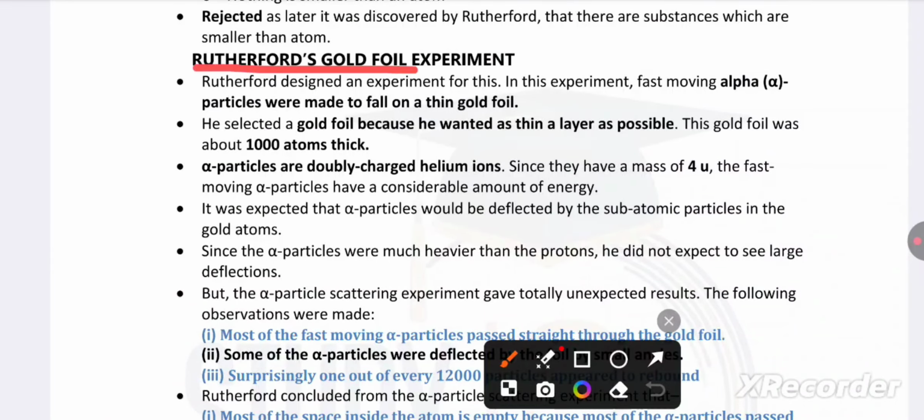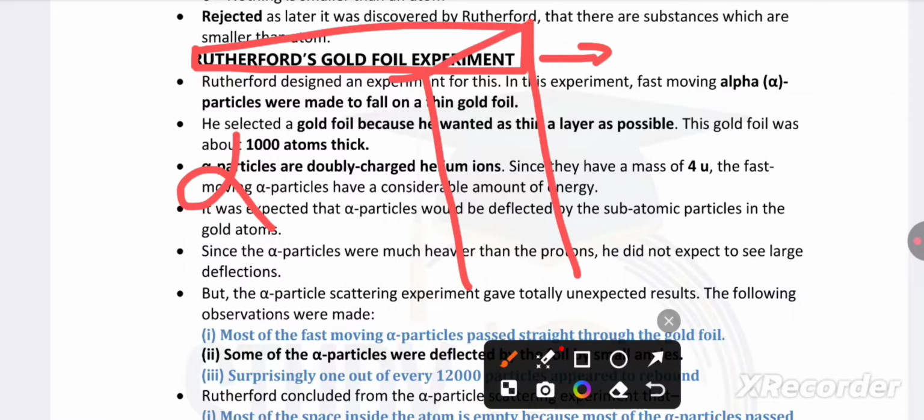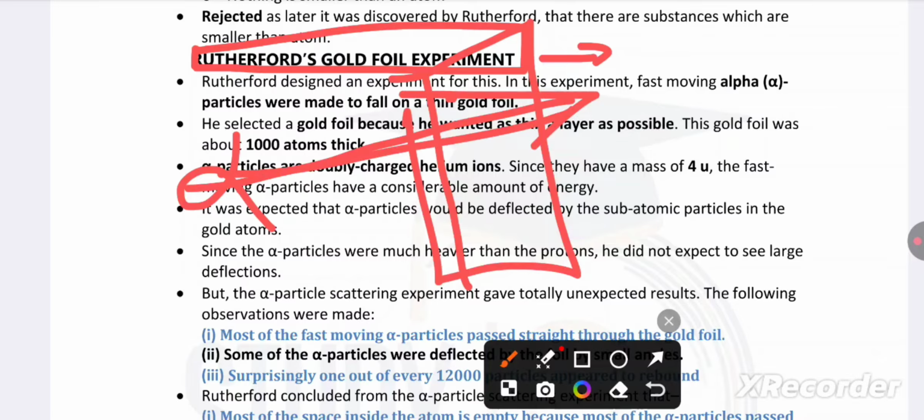Rutherford did an experiment on gold foil. That is called the Rutherford gold foil experiment. In this experiment, fast moving alpha particles are passed through a gold sheet.